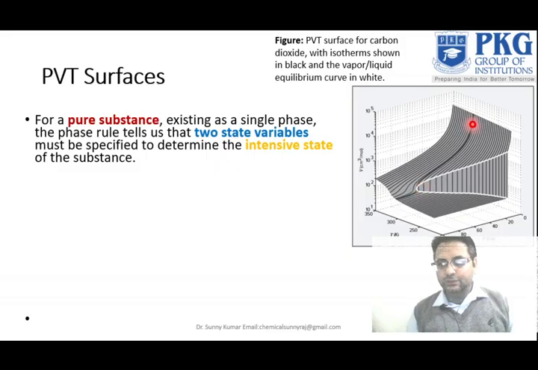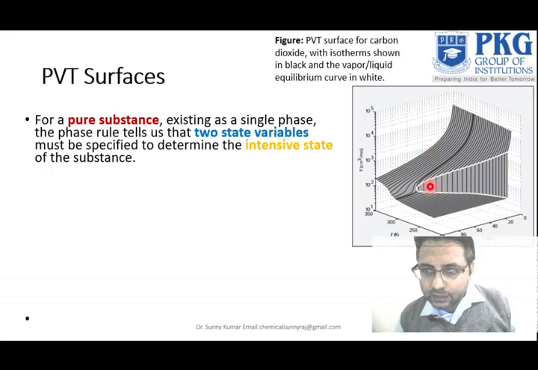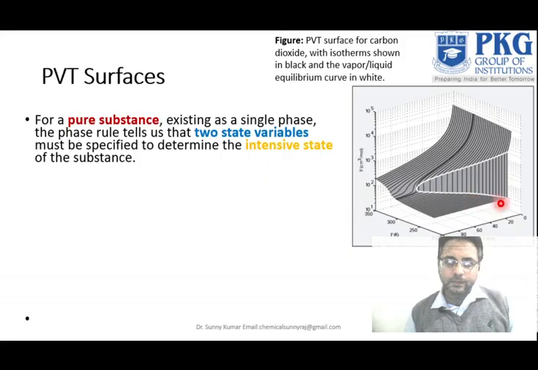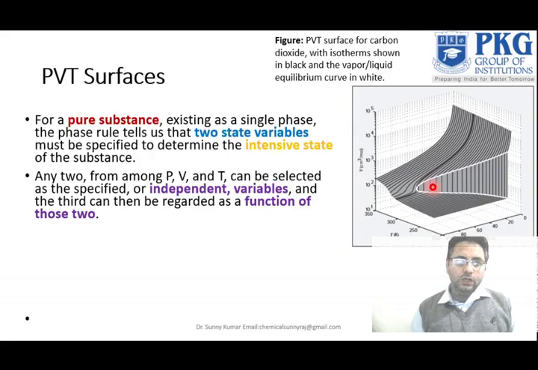So these are the isotherms, these black lines, and the vapor-liquid equilibrium curve in white. Whatever this white line is, it is the vapor-liquid equilibrium curve. Okay, so any two amongst P, V and T can be selected as specified or independent variables, and the third can be regarded as a function of those two.